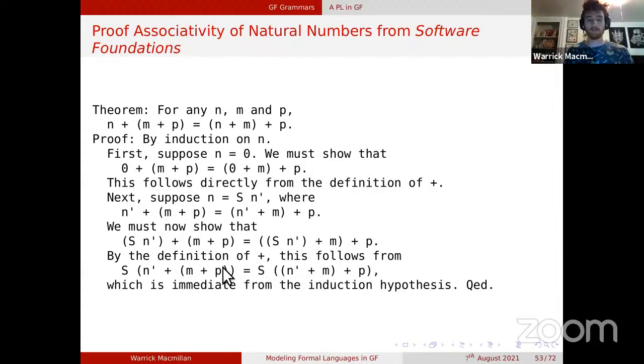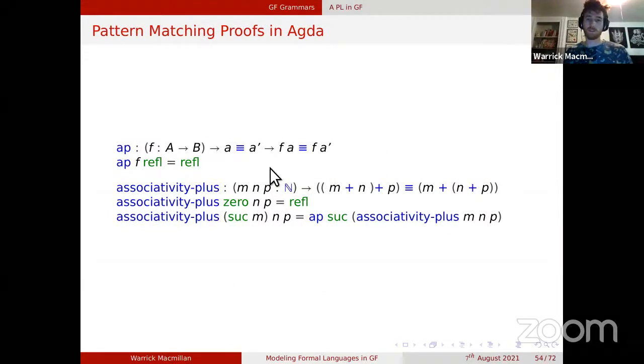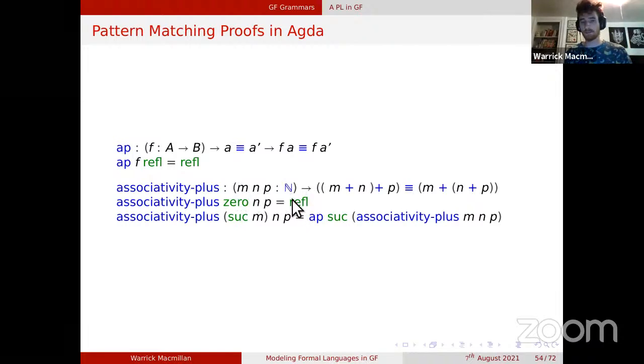And yeah, so first we'll look at the pattern matching proof in Agda, just to kind of compare it. So in the 0 case, you just have the definitional equality. So this, you don't use the for all symbol, you just use the parentheses to bind the variables m, n, and p, and that means that it's a pi type.